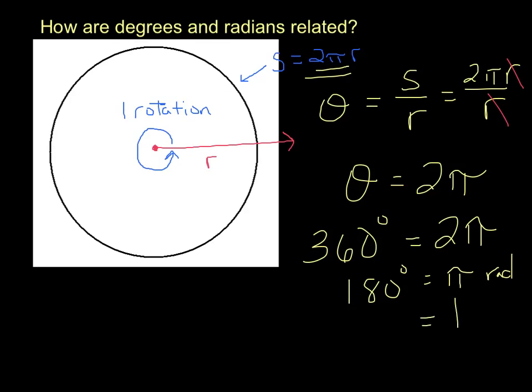And I could go even further and say that 1 radian then would be equal to 180 degrees divided by pi. Okay? So 1 radian is the same as taking 180 degrees and dividing by the value of pi. And this is the key part that's going to allow us to work back and forth and convert back and forth between degrees and radians.